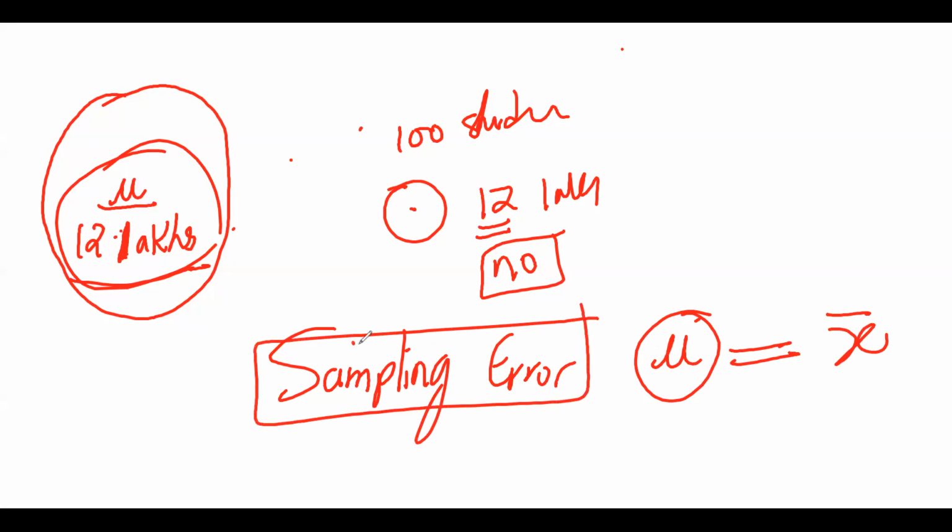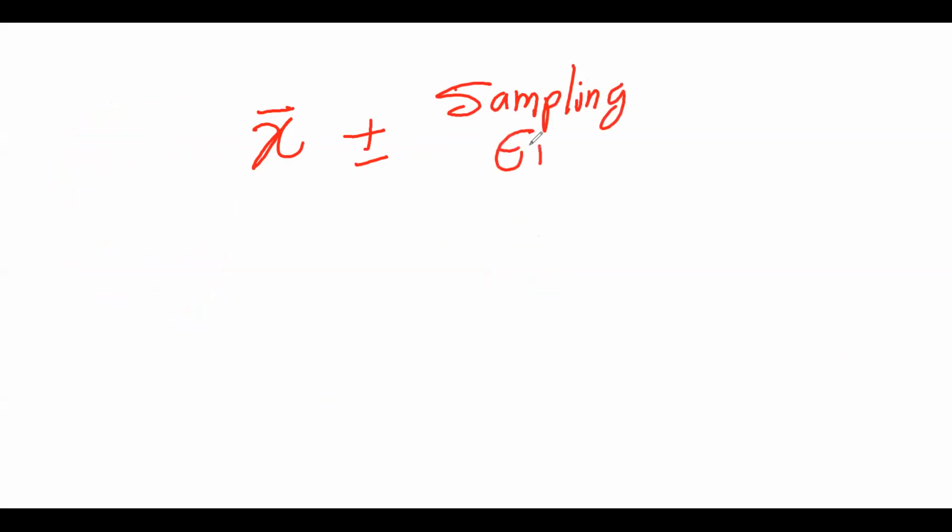Now how to define that sampling error? For that we have a formula: suppose we have the mean and we add the sampling error. This error is possible due to chance. Now how do we calculate the sampling error? The sampling error depends upon three aspects.